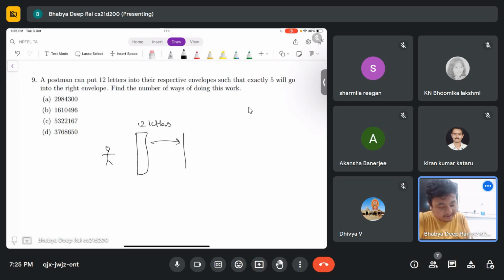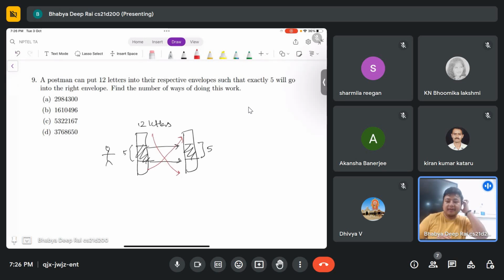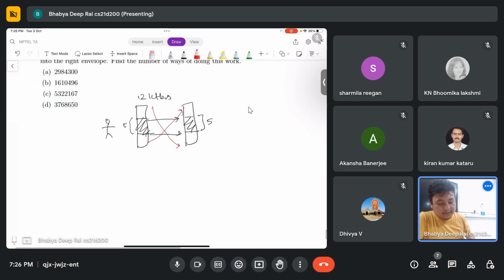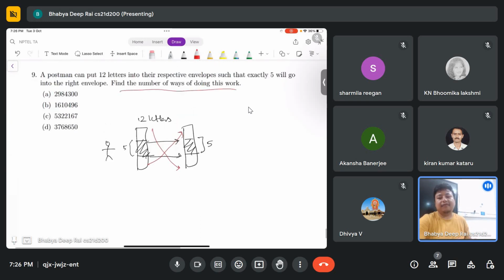Exactly 5 will go to the correct envelope, and the remaining do not go to the correct envelope.